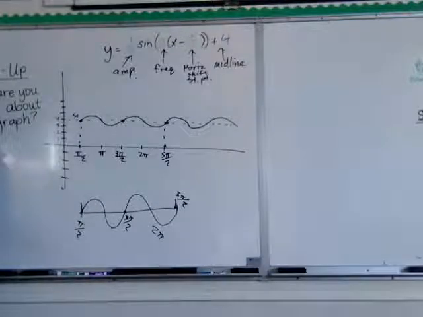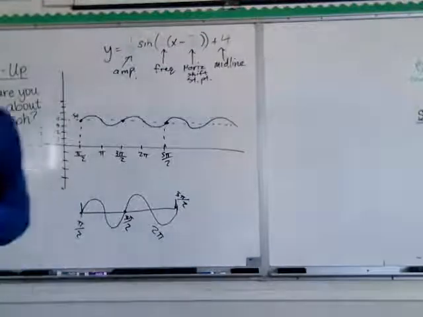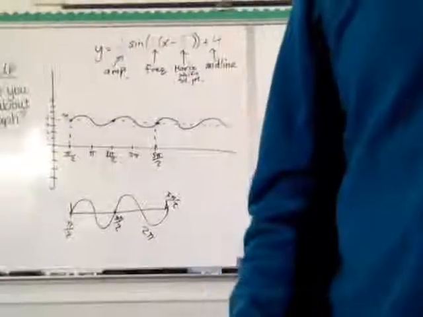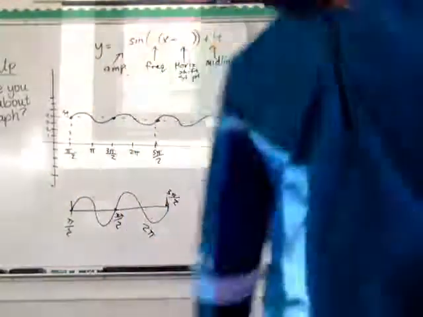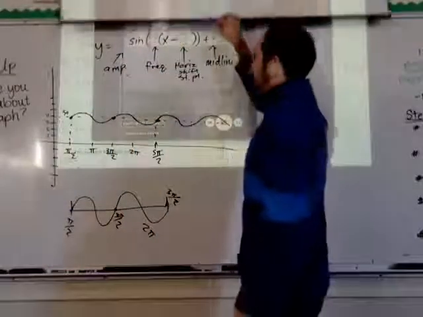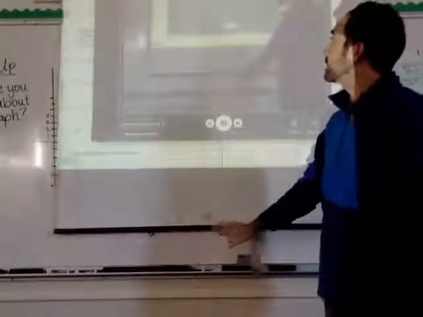I want to do the first problem in the classwork with you and actually record it. So go ahead and get out your workbook, page 91. 91 in your workbook. This one goes from a graph to labeling all these aspects.